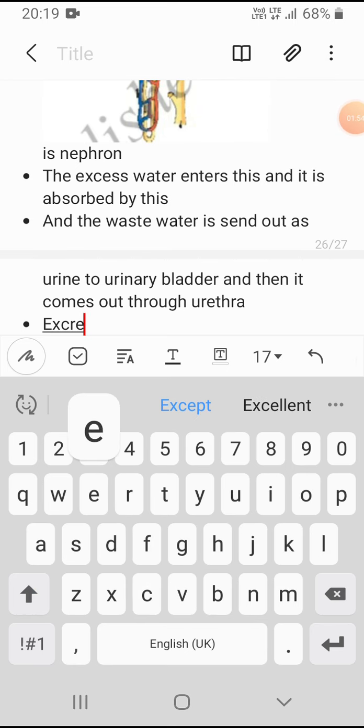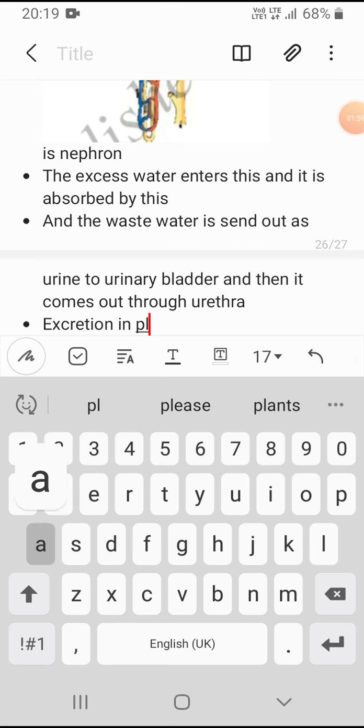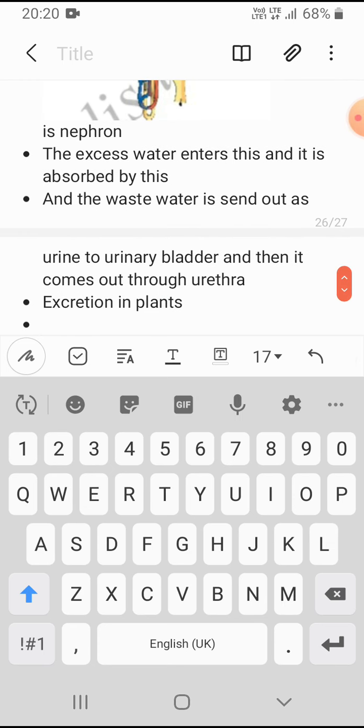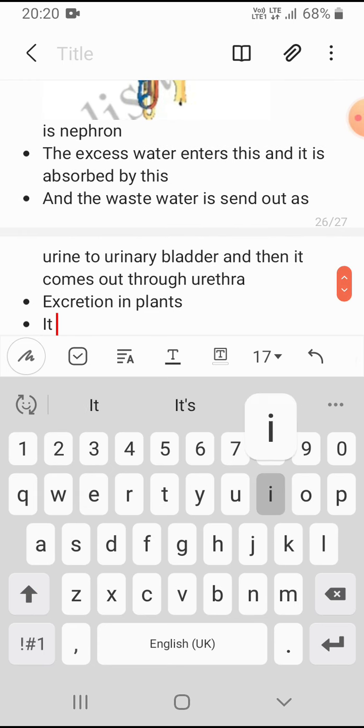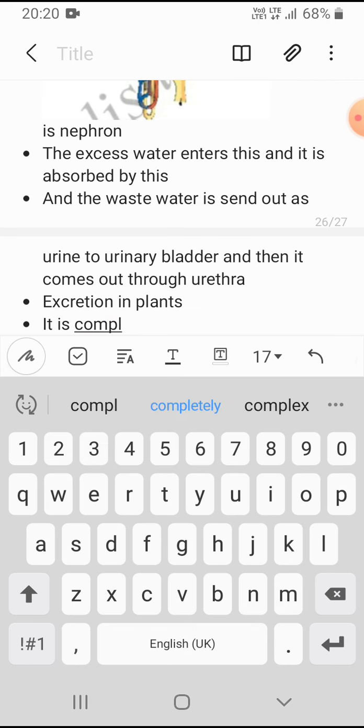Next, let's know about excretion in plants. So now we learned about excretion in human beings. Excretion in plants is completely different from this.